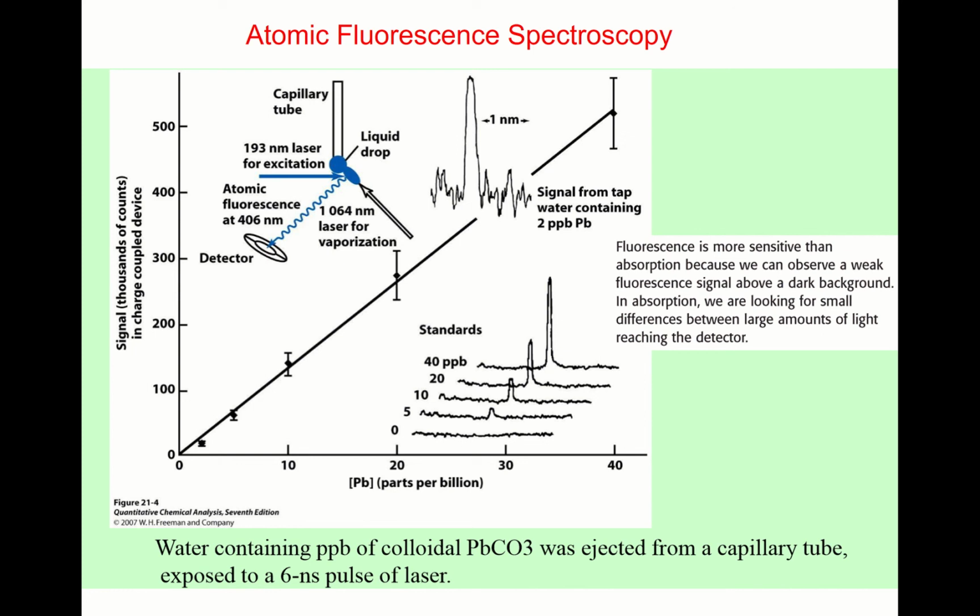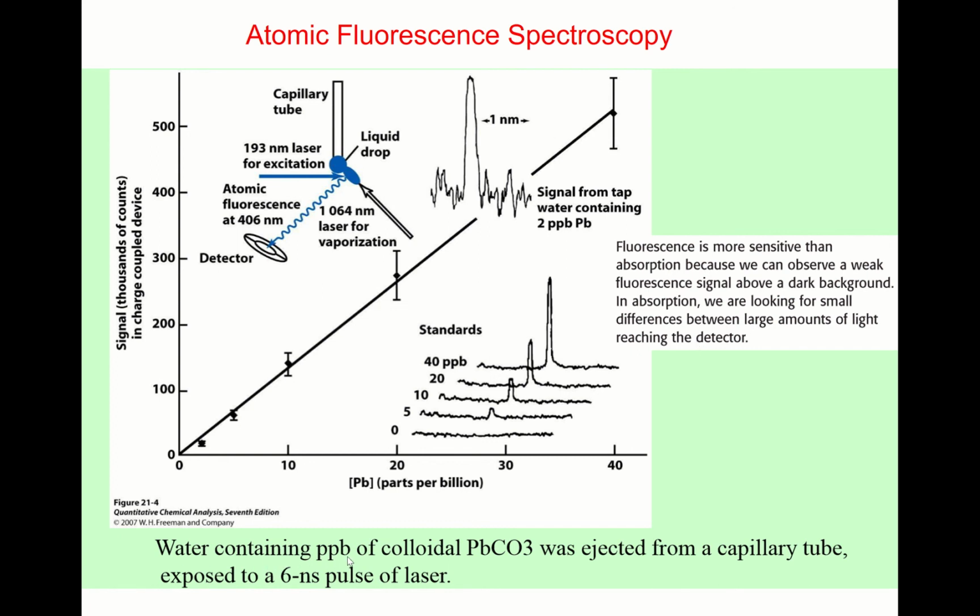Of course, because although only 500 candles are lit, it's out of nothing. So very easily you can see the difference. So usually fluorescence is more sensitive than absorption spectroscopy. In absorption, we are looking for a small difference between large amounts of light reaching the detector. This is a general characteristic.